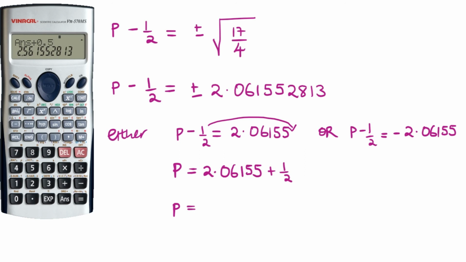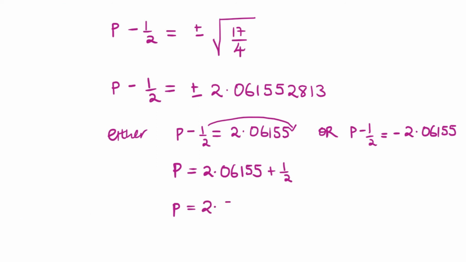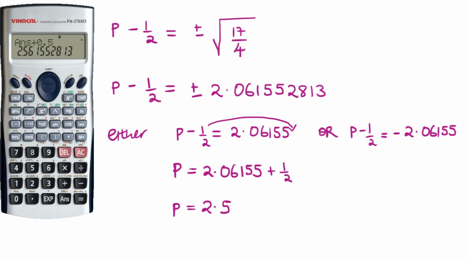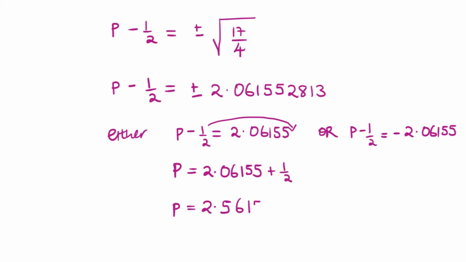So plus 0.5, it will just be 2.56155281, and to 2 decimal places, it will just be 2.56. This will be the value of p on this side.